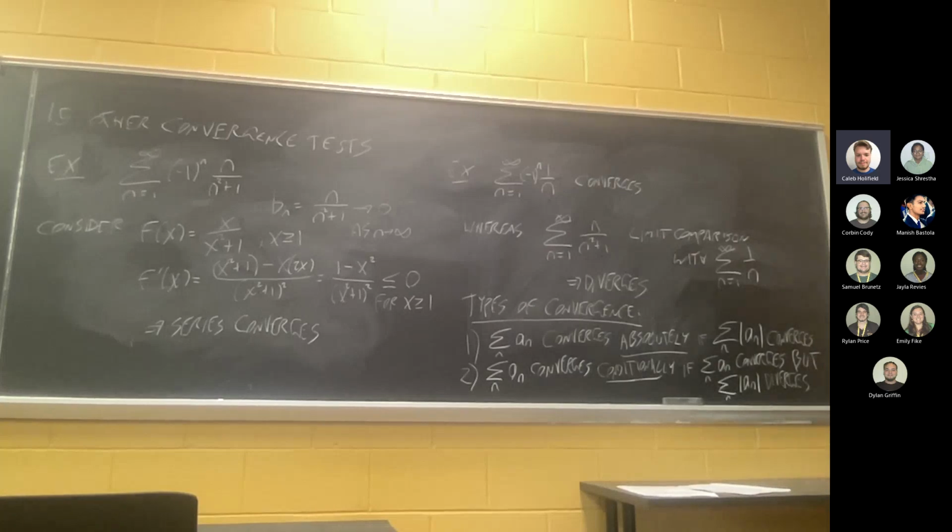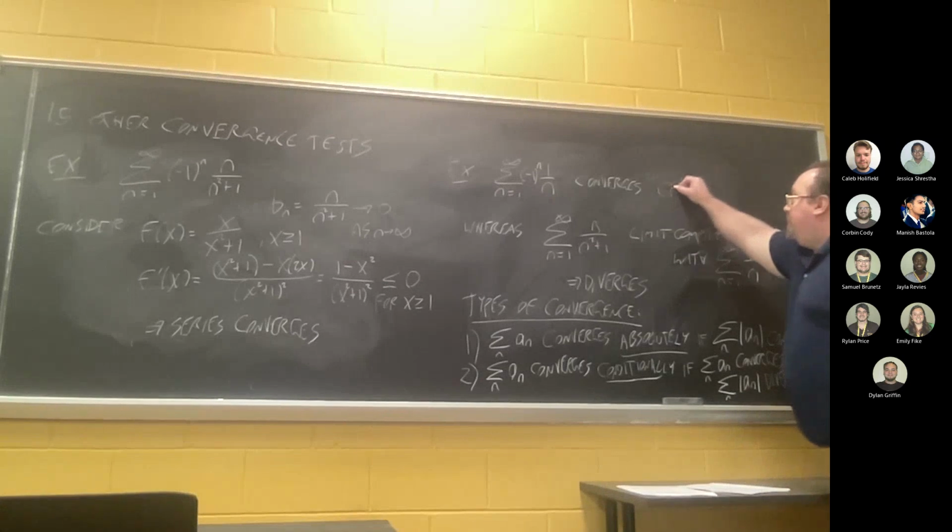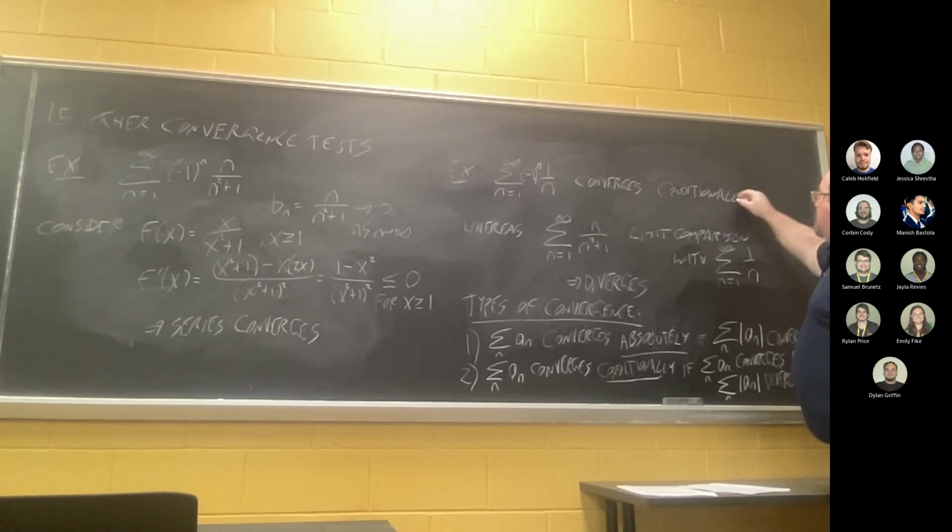So it's like a weaker form of convergence. It may not converge to its sum as rapidly. This series right here converges conditionally, because it turns out the sign flipping is necessary to bring about convergence. If you take the absolute value of those terms, you get the harmonic series, and that diverges.